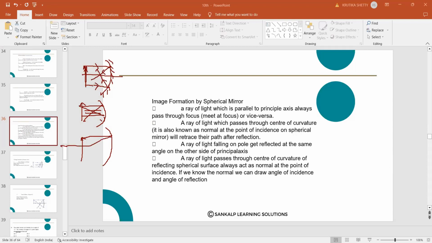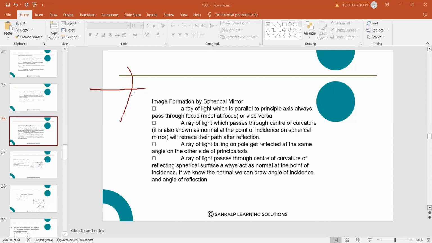So here, this is the principal axis. It is a mirror. Now this is my incident ray. This is also my incident ray. After reflection, it should pass through the focus.